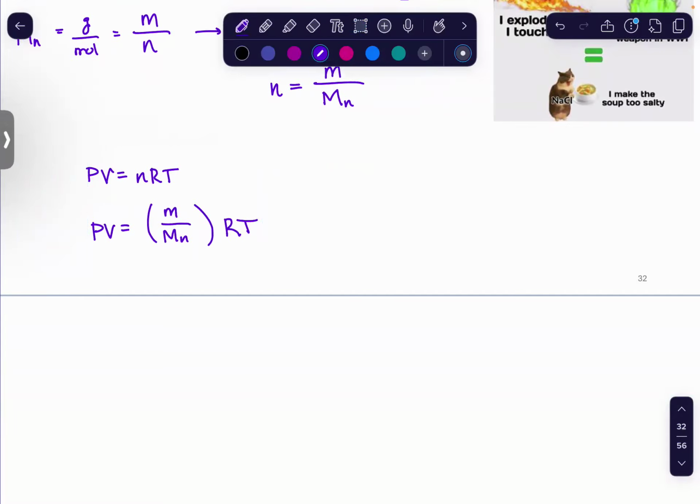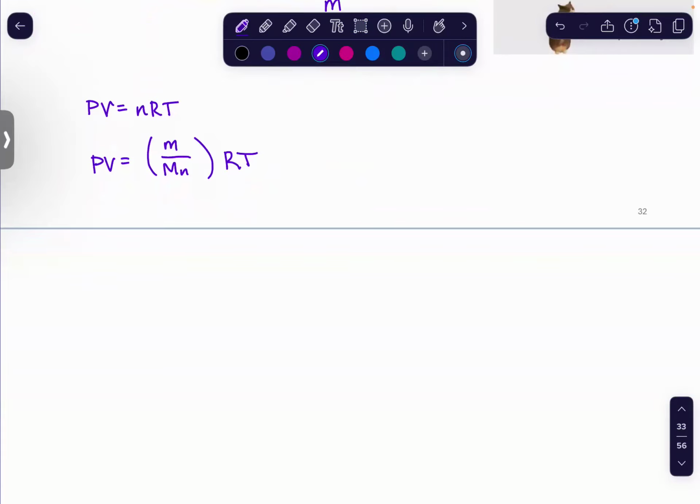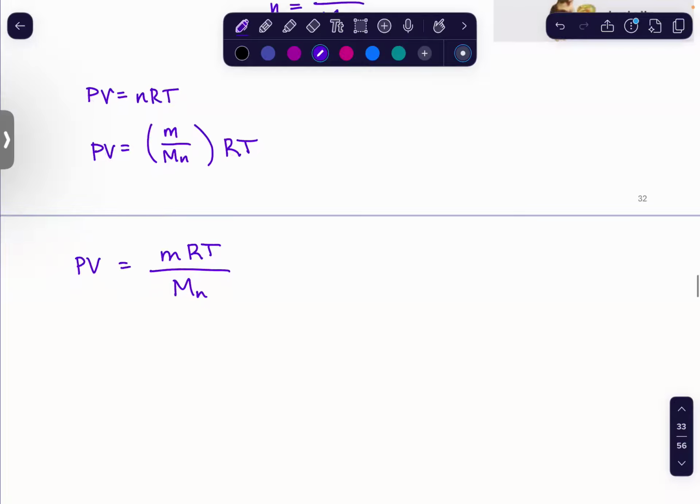Okay, then I'm going to multiply through. So that's going to be mass RT over molar mass, and this is times V. So now I'm going to get pressure by itself.